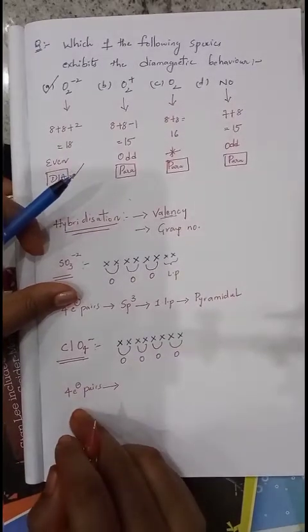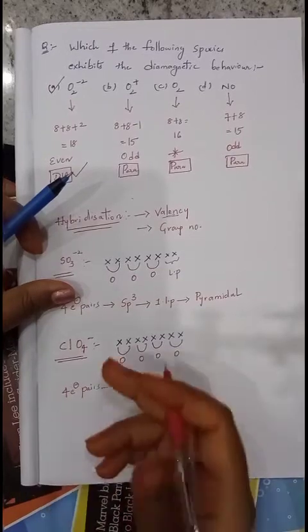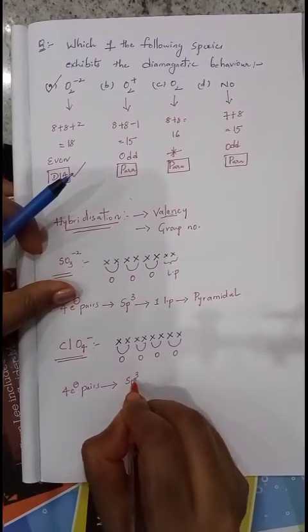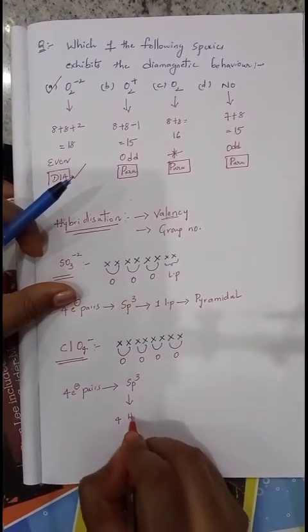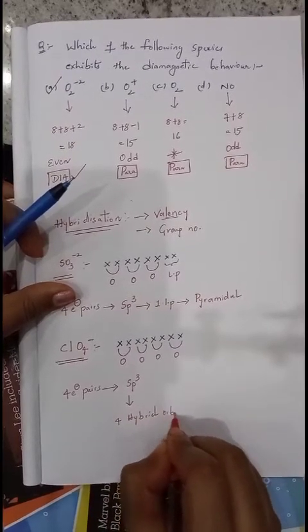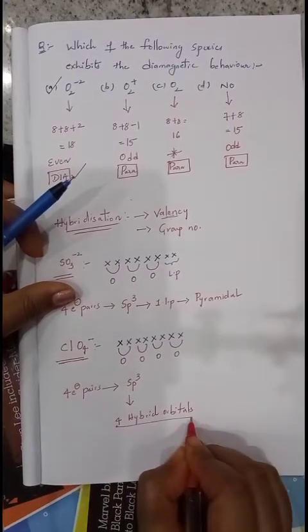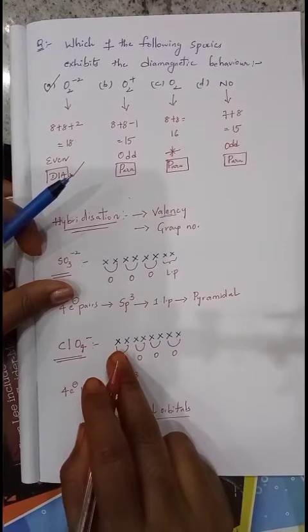To accommodate these 4 electron pairs, the atom should undergo sp3 hybridization. In sp3 hybridization, we can see the presence of 4 hybrid orbitals. Each hybrid orbital will contain one electron pair.